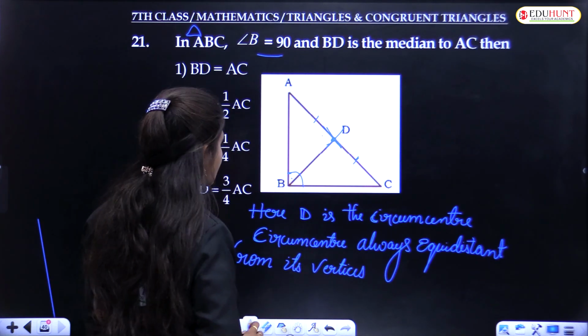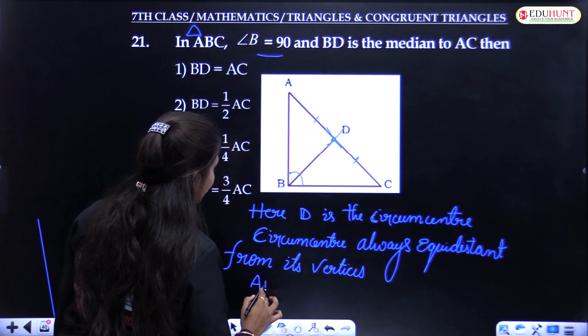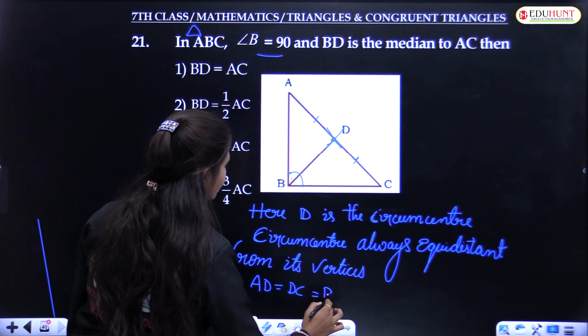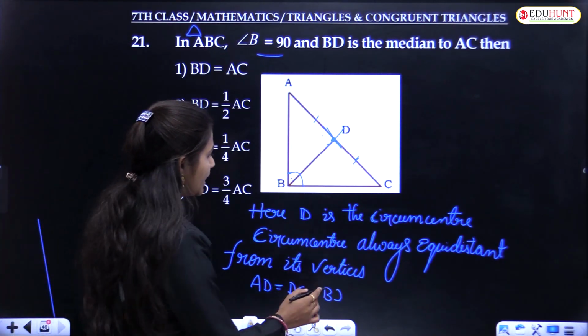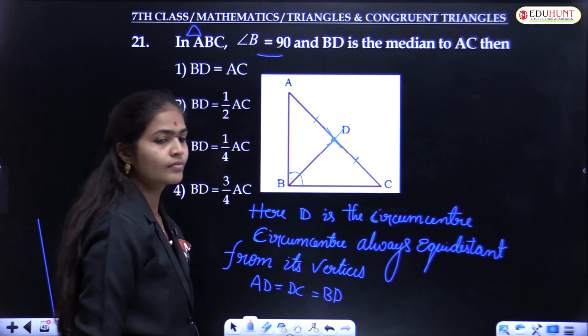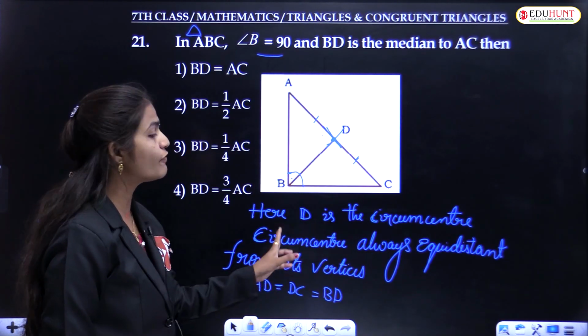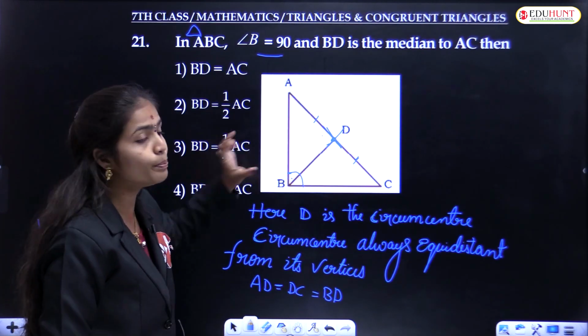Okay, from its vertices. So here we can say that AD is equal to DC is equal to BD. Okay children, why? Because the circumcenter is always equidistant from its vertices, no? So AD is equal to CD is equal to BD.